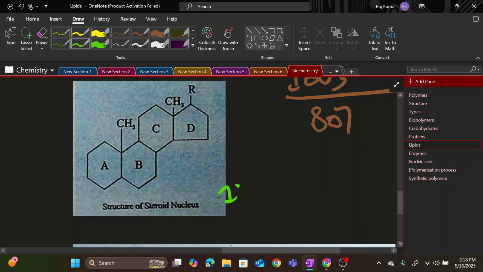This steroid nucleus is a 17 carbon ring, such that three rings are hexagonal and one ring is pentagonal, and there are a total of 17 carbons in it, except this R group.